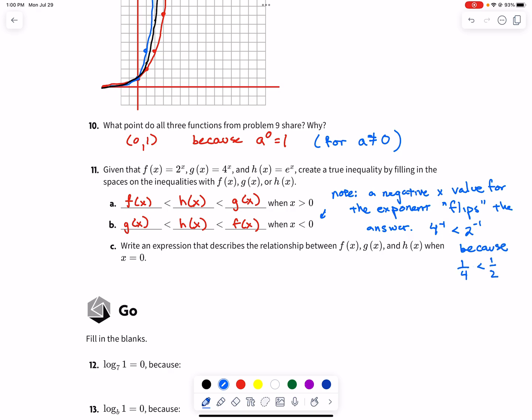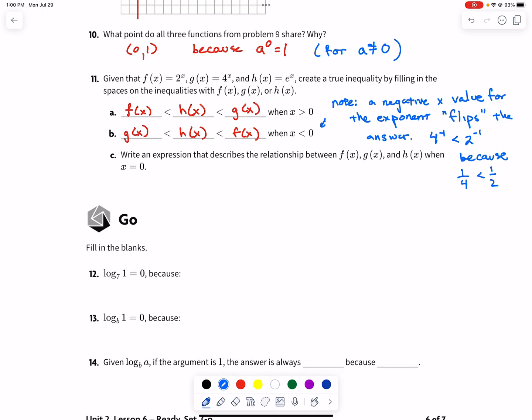If you take the reciprocals of numbers, the inequality flips around. F, G, and H, when x is 0, they all go through 0, 1. So whatever.